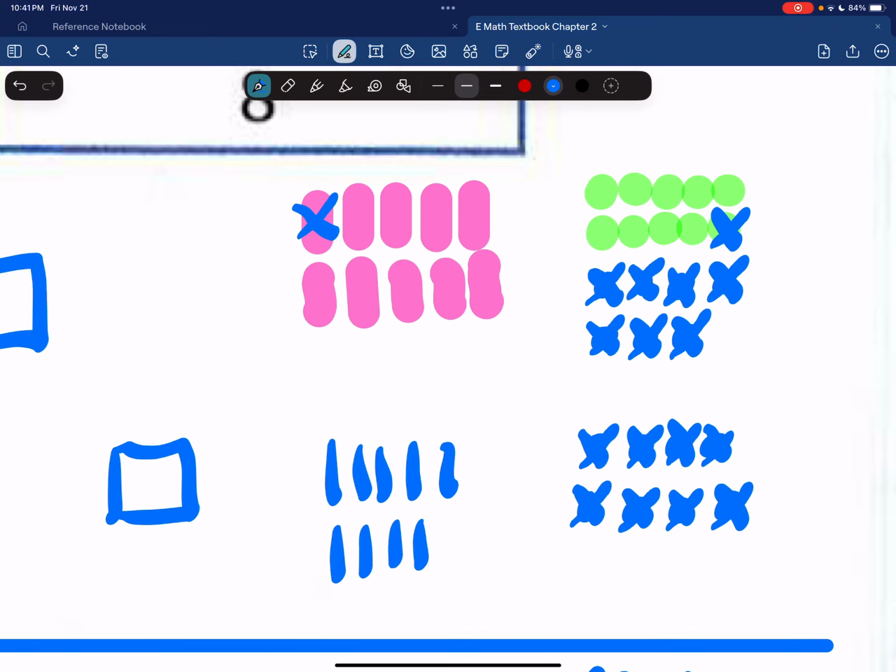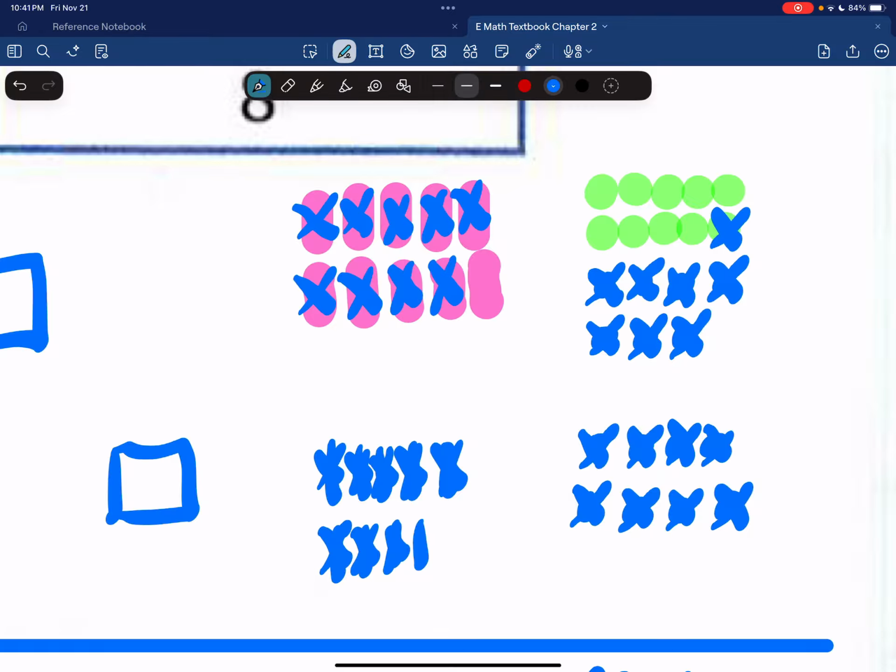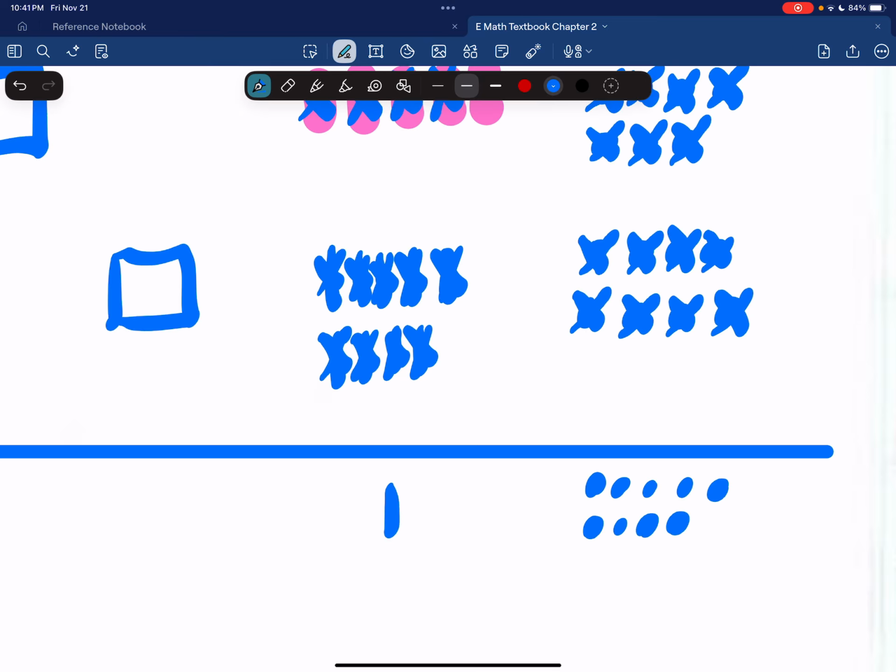So here's 1 and 1, 2, 2, 3, 3, 4, 4, 5, 5, 6, 6, 7, 7, 8, 8, 9, 9, and I'm left with 1 rod.